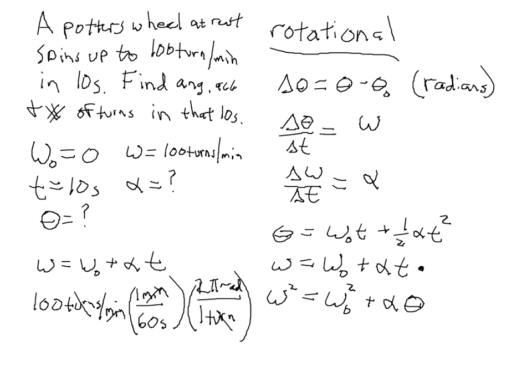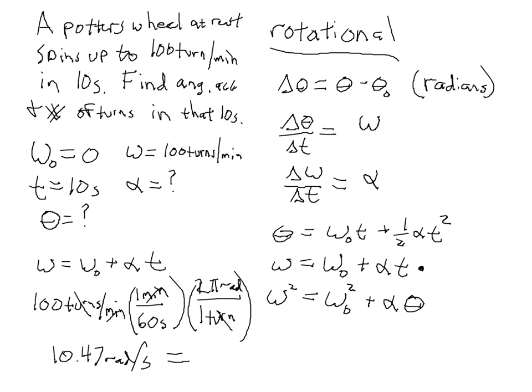All right, get out the calculator here. We'll have 100 times 2 times pi divided by 60 gives us about 10.47 radians per second. Okay, so 10.47 radians per second. That's omega.